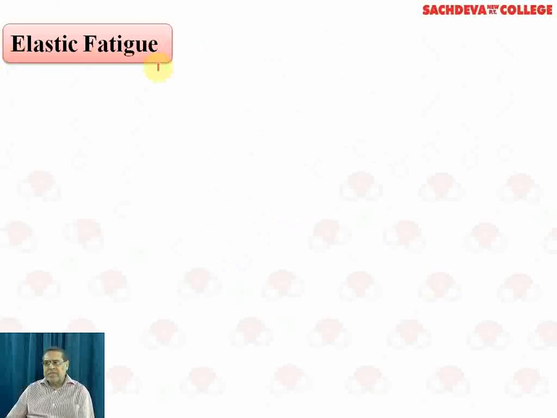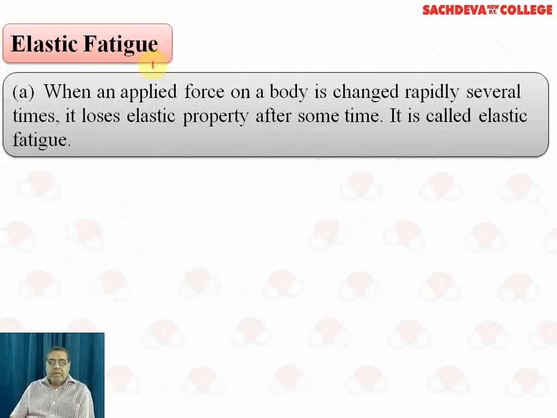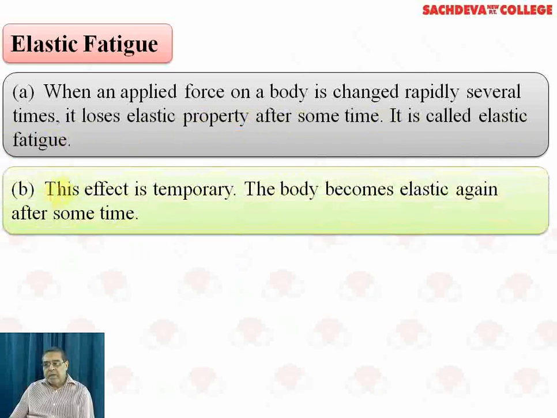Fatigue means tiredness, that is, the wire undergoes tiredness. When an applied force on a body is changed rapidly, several times, it loses elastic property after some time. This is called elastic fatigue. This effect is temporary. The body becomes elastic again after some time.